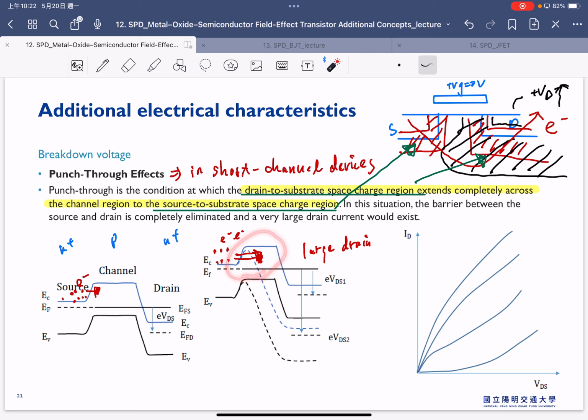So that's why you can see this is the curve at VG at 0 volt. Even at VG 0 volt, as long as the drain bias is large enough, the current increases. And for sure, once we increase the gate bias, the current will increase much faster. The most critical problem in this case is not only that we have very high leakage current at VG 0 volt, but also that we don't have the saturation characteristic.